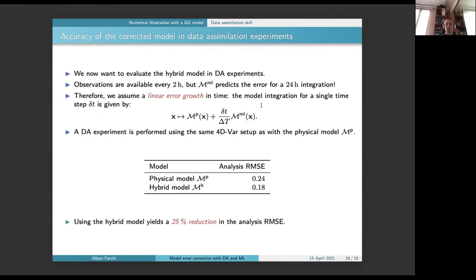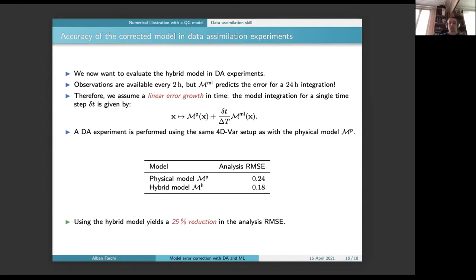This is what we have implemented. We have put that in a 4D-Var algorithm, and we have performed an experiment using exactly the same setup as previously. And we have reported here the results of that experiment.